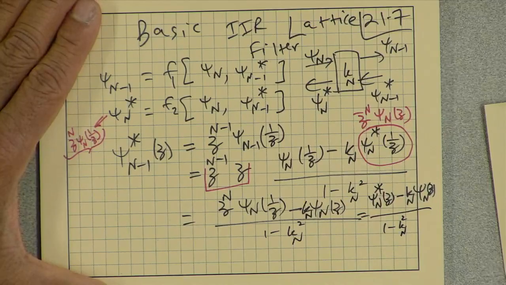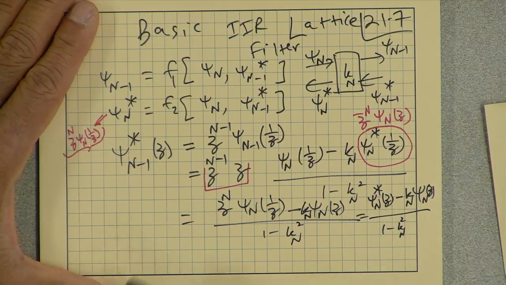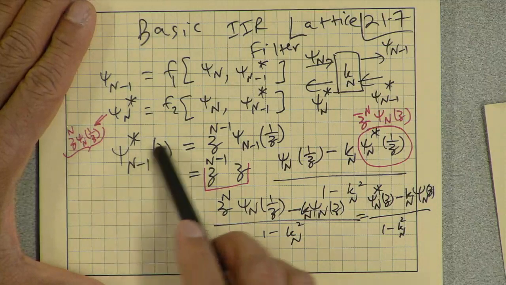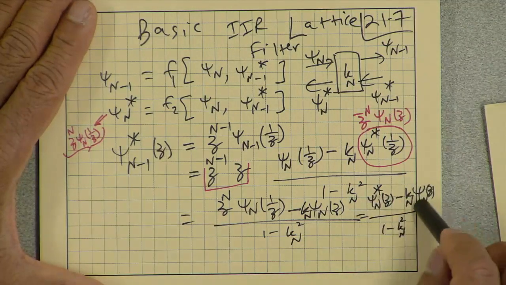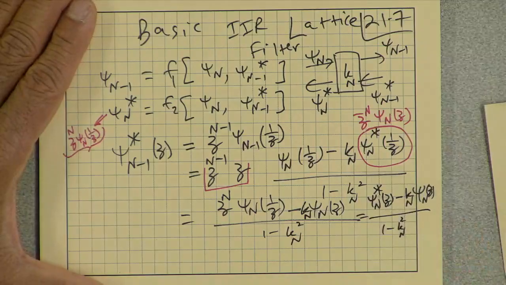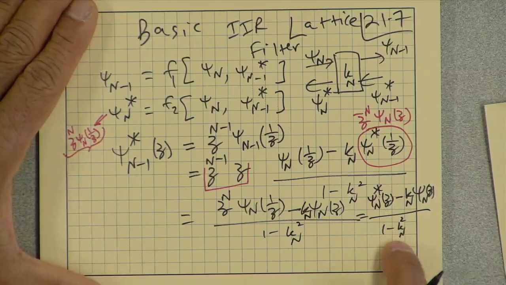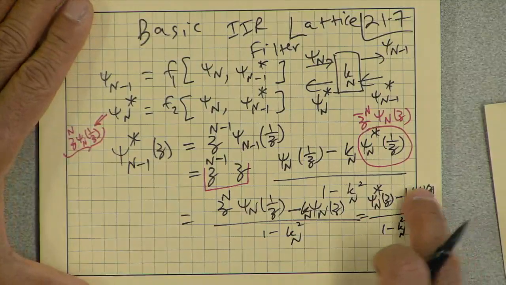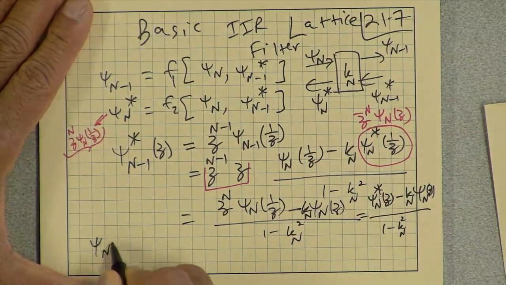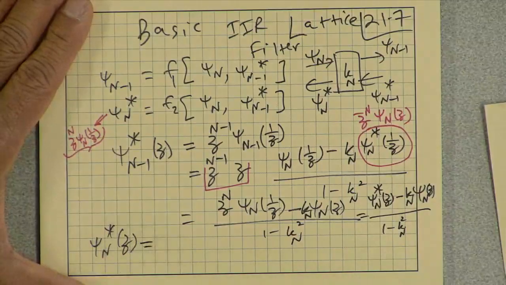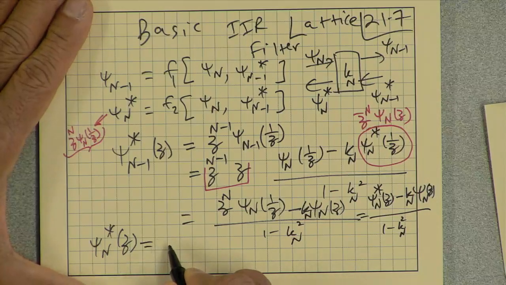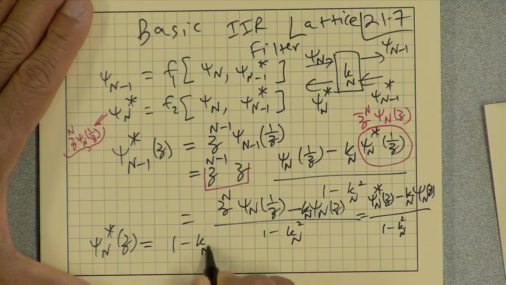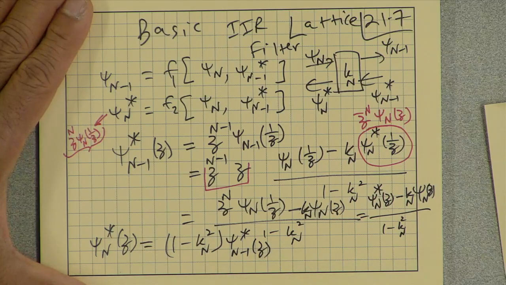Okay, so now we have been able to describe the reverse polynomial psi n minus 1 star in that form. So I can then cross multiply this to the left side, take this quantity to the left side, then I get psi n star z is equal to 1 minus kn squared times psi n minus 1 star z plus kn psi n z.